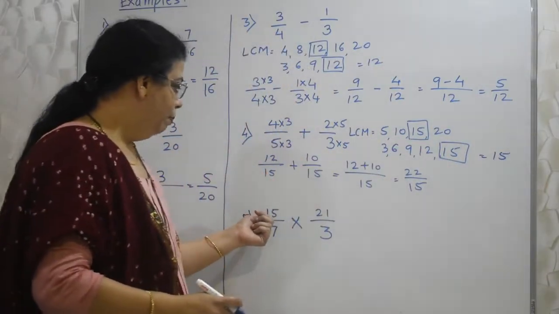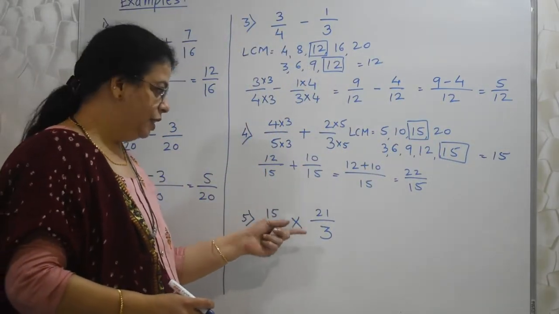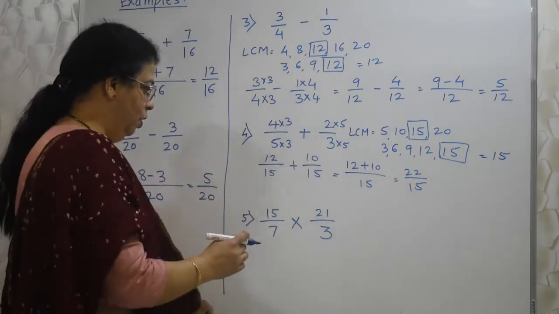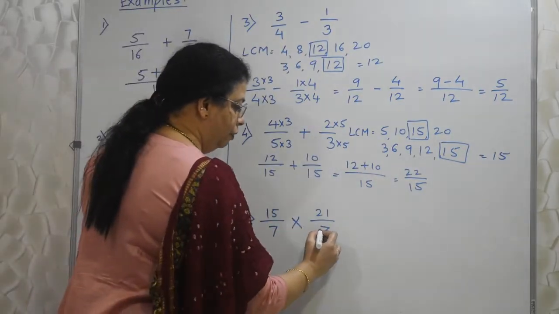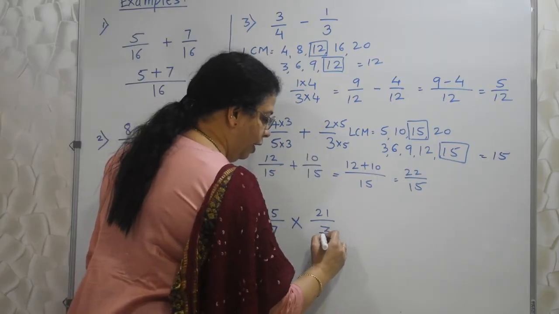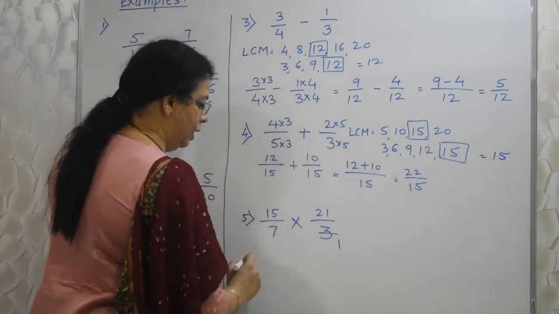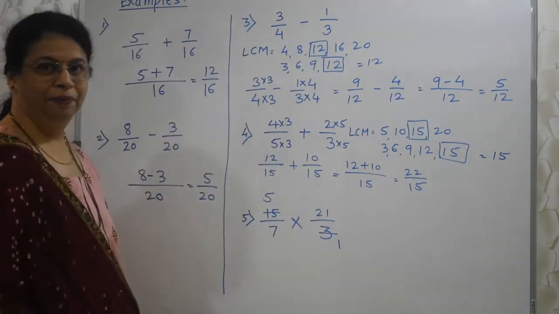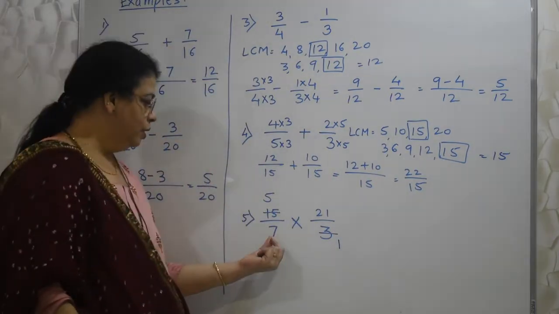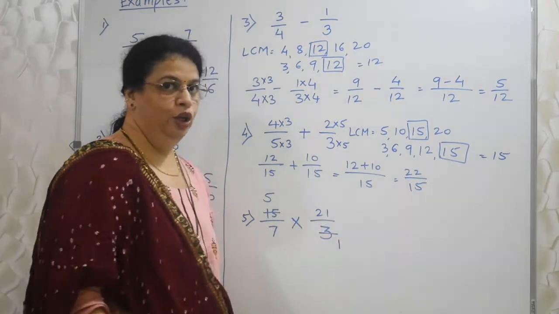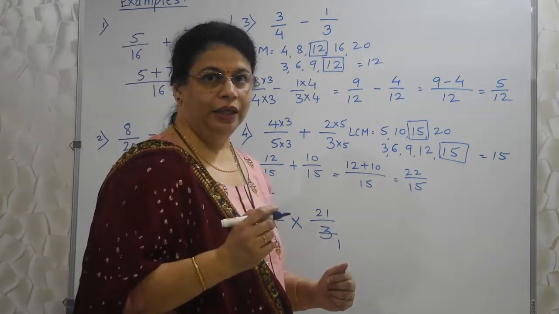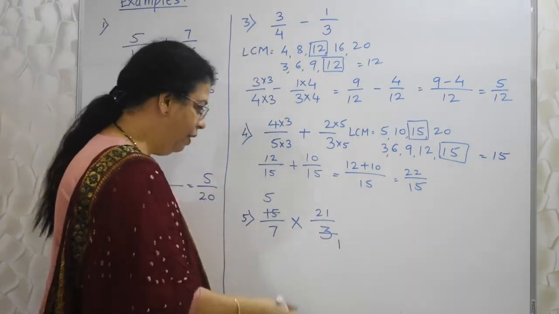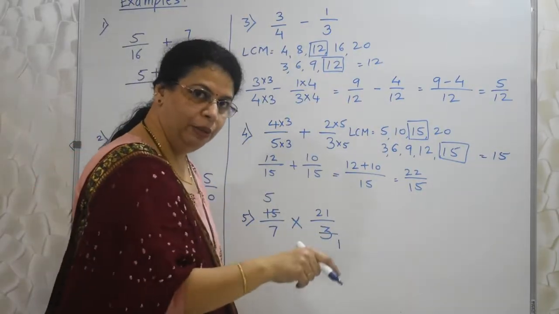Okay. So 1 plus 5, 6. 6 comes in 3's table. So 15 is divisible by 3. So I can divide this by 3. 3 ones are 3. 3 fives are 15. Okay students. This 7 and 21. You all know 21 comes in the table of 7. So 21 is also divisible by 7. 7 is also divisible by 7.